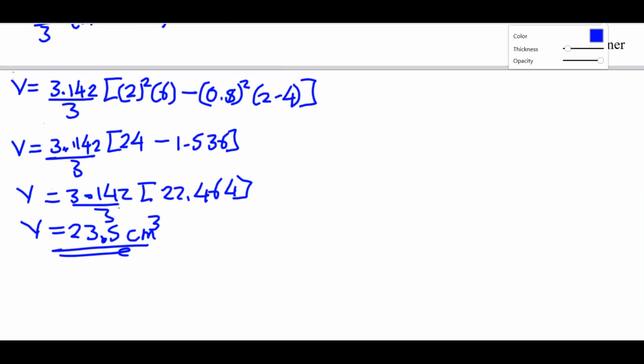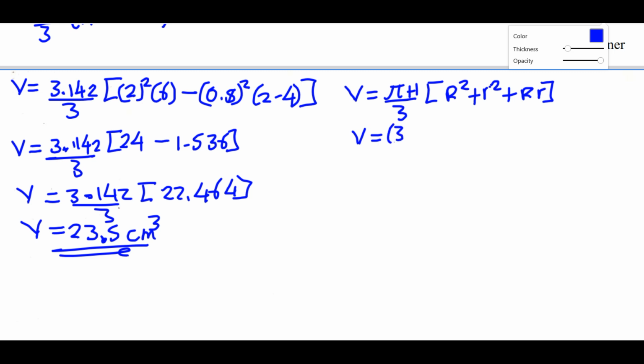Volume is equal to pi times height over 3, then R squared plus r squared, then plus R times r. This is the one that you're supposed to use if you want to go direct.